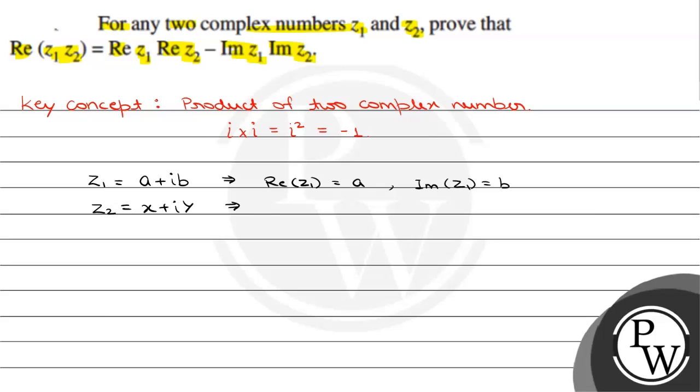So here the real part of z2 is x and the imaginary part of z2 is y. Now we are asked to multiply these two complex numbers. So let's multiply z1 with z2. We have to multiply a plus ib with x plus iy.